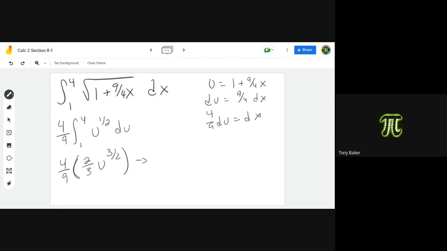So we have 4/9 times that, which is 8/27. And then we can plug back in the 1 plus 9/4 x to the 3/2, and we're evaluating that from 1 to 4.